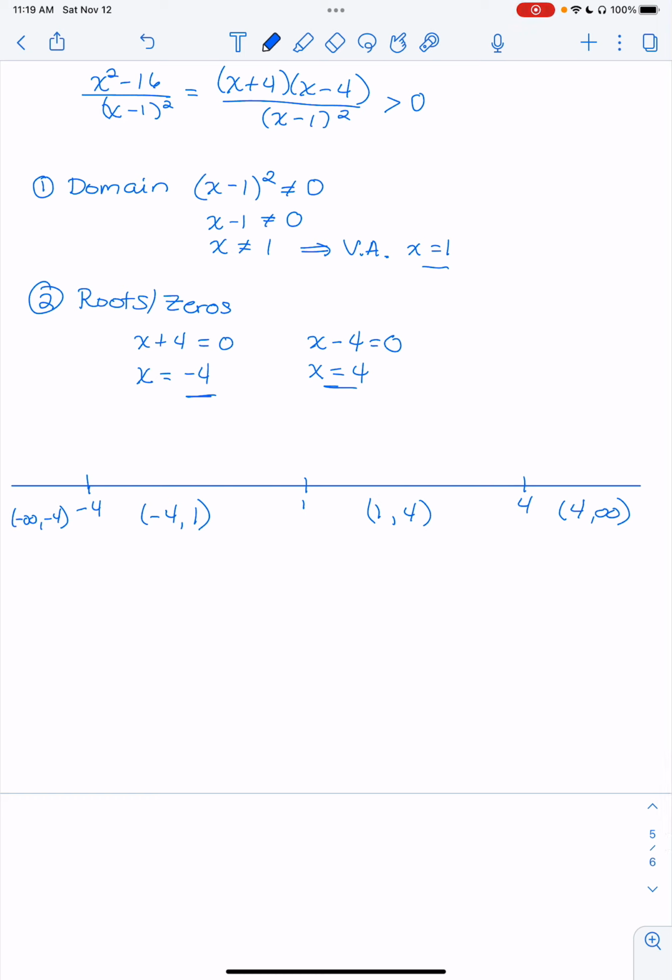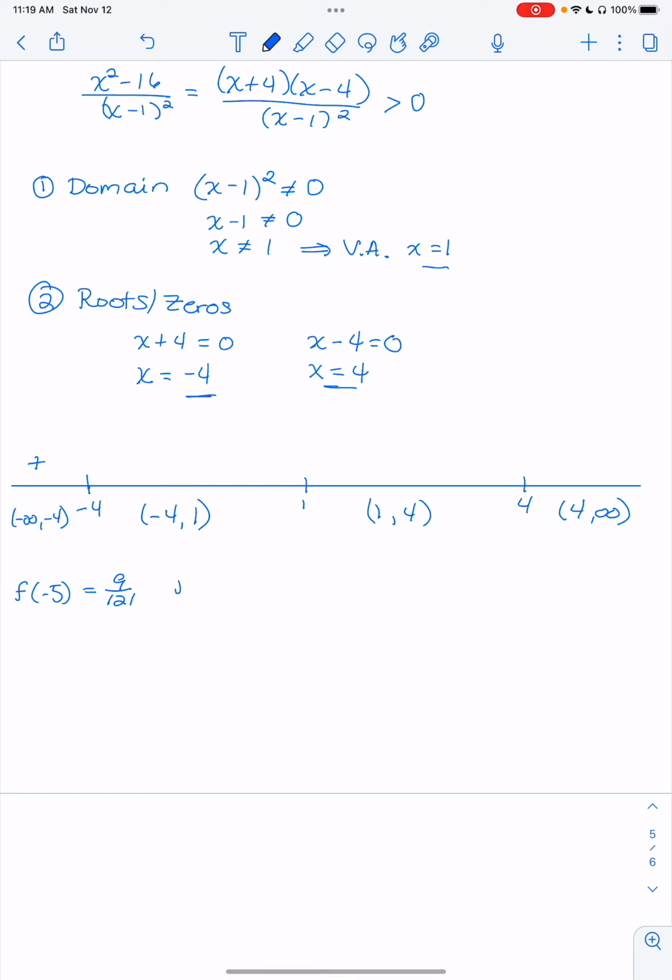So if we look at f of negative 5, we will end up with 9 over 121, which is a positive value. So in this range, we're going to be positive, greater than 0.